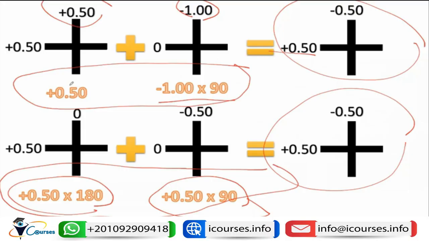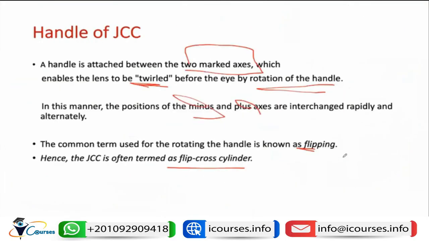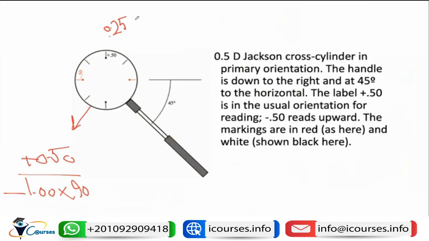The plus 0.5 sphere minus 1 cylinder axis 90 is the same as plus 0.5 in one meridian and minus 0.5 in the other meridian. And the reverse will be in case of the 0.25 diopters. So if we have a Jacksonian cross cylinder that has 0.25 diopters in one meridian, it will be having a plus 0.25 in the other meridian.